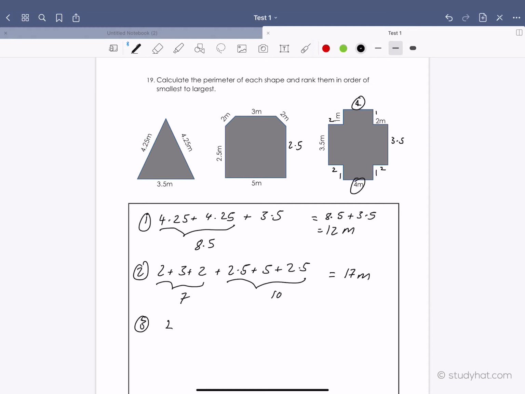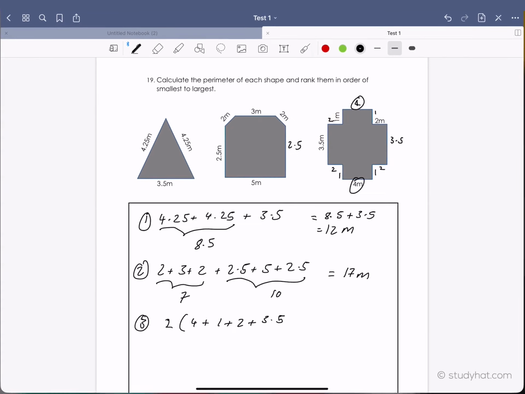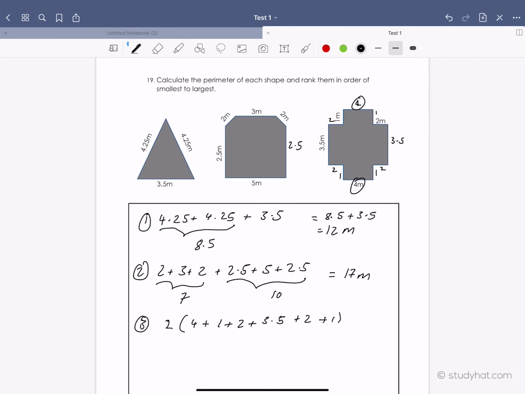So we'll do 2 times 4 plus 1 plus 2 plus 3.5 plus 2 plus 1, which is 2 times 5, 7, 10.5, 12.5, 13.5. And 2 times 13.5, 2 times 13 is 26. And then the extra 1 is going to give us 27 meters.